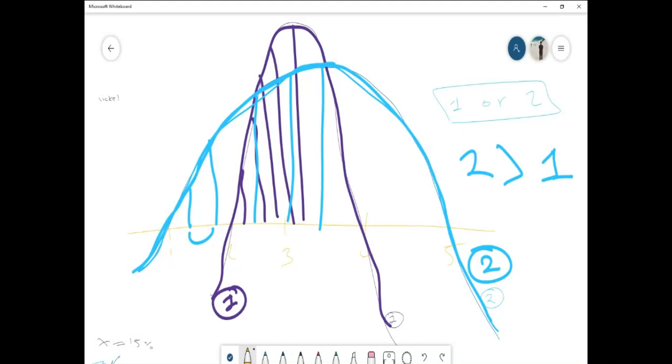Students are so close to each other, but the teachers are so far away from each other. Keep in mind that the standard deviation of teachers is bigger than the standard deviation of students.